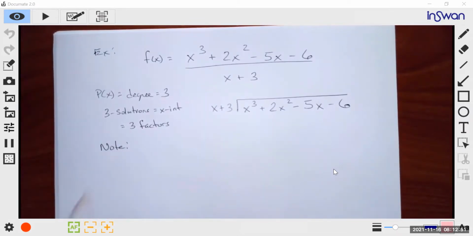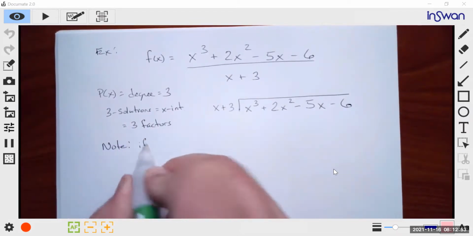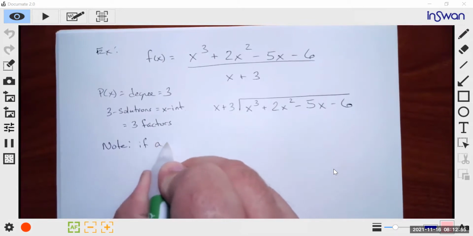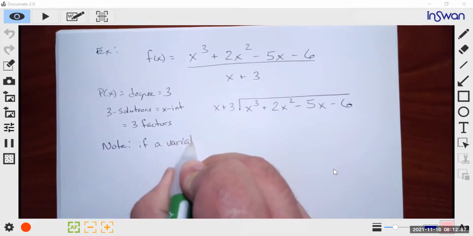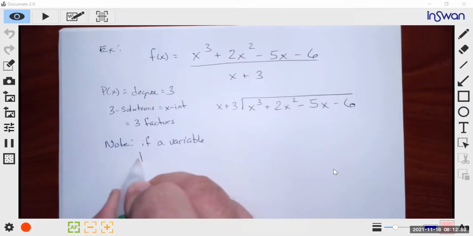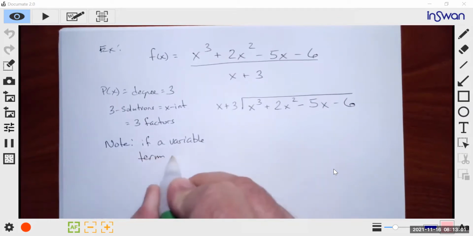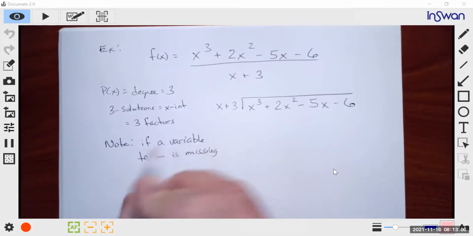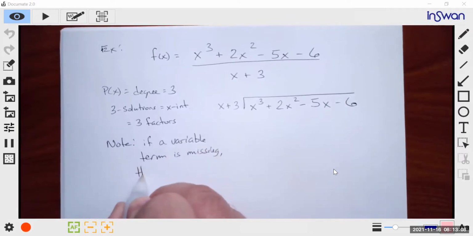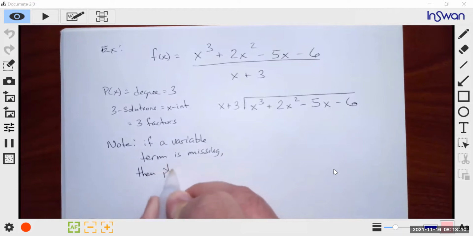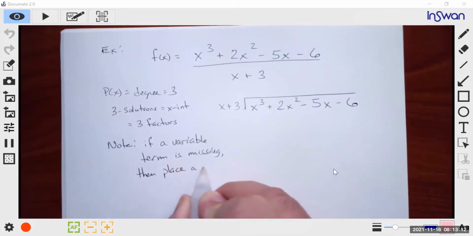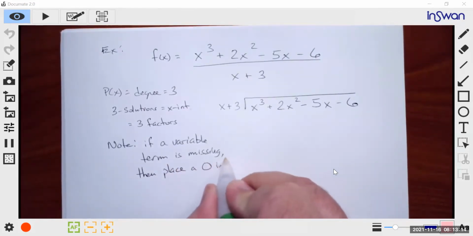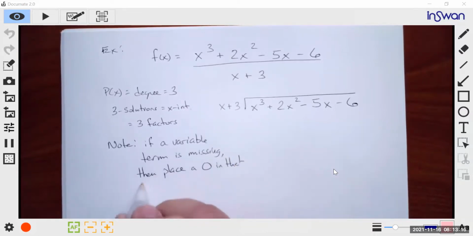Very important note. If a variable term is missing, then place a 0 in that location.